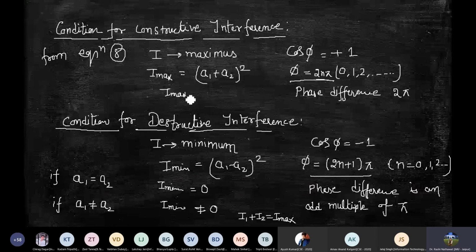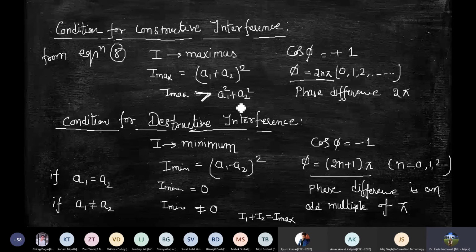Imax can be A1 square plus A2 square. This intensity is always greater than this. Is this what you want to ask me?